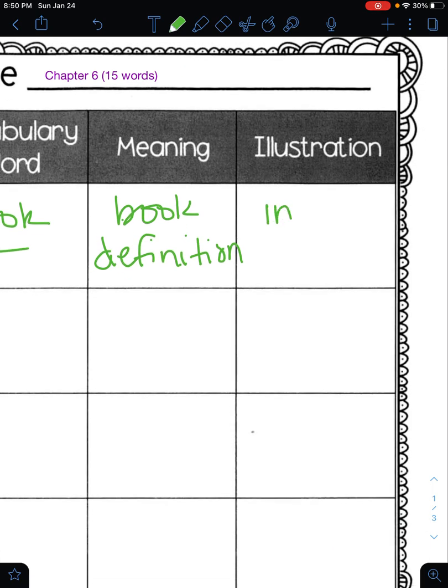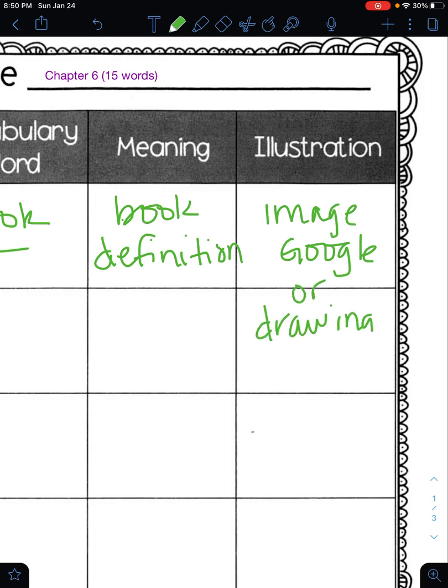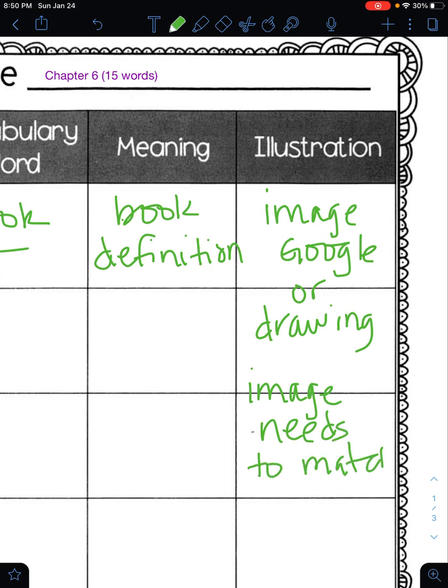And then this is some type of image from Google or a drawing of your own if you enjoy drawing. Now, the image needs to match the science meaning.